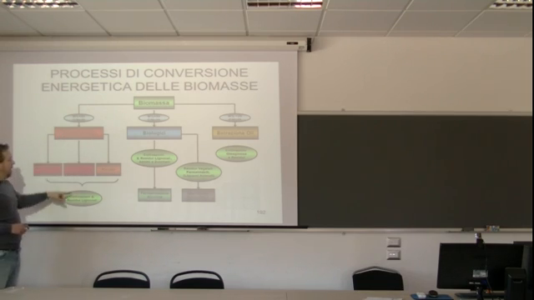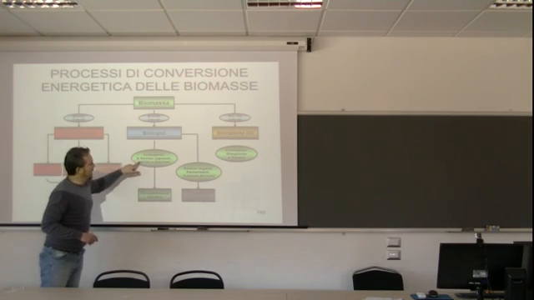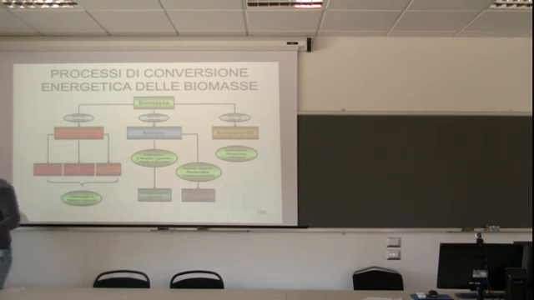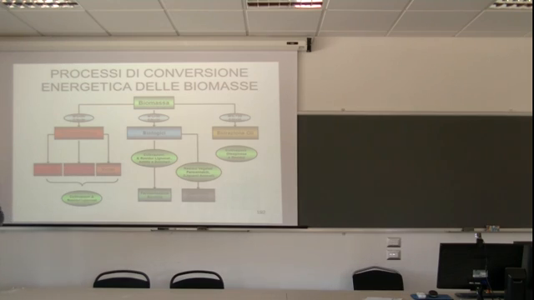And it means that for thermochemical processes, very often you have lignocellulosic biomass, residues biomass, while in biological processes you have mainly, for example, amidaceous or sugar biomass, for example sugar sorghum or grain, or vegetable residues or zootechnical manure and so on.